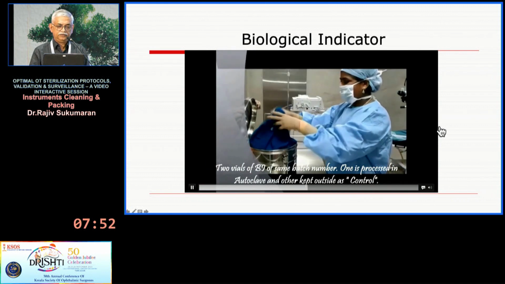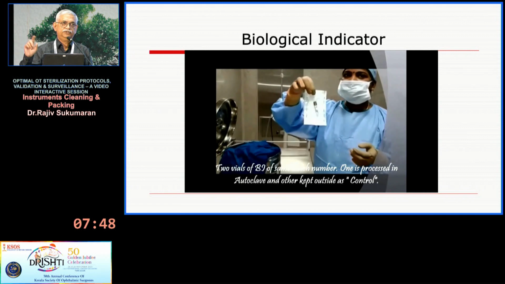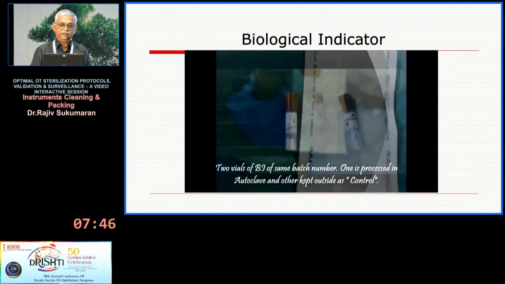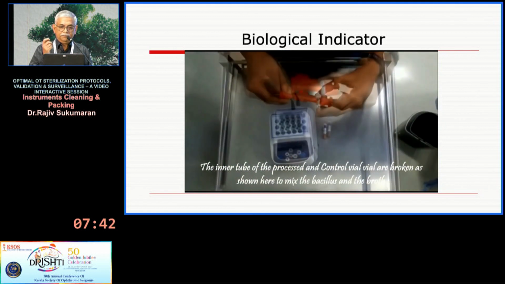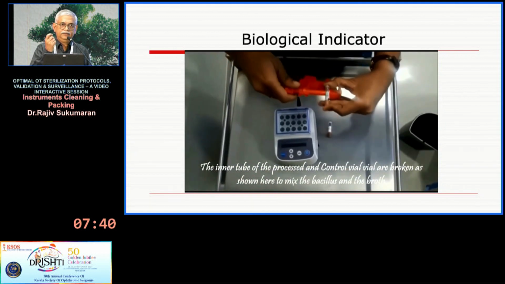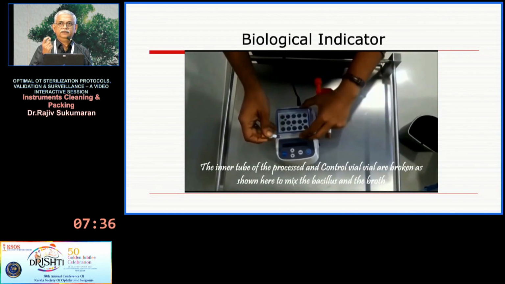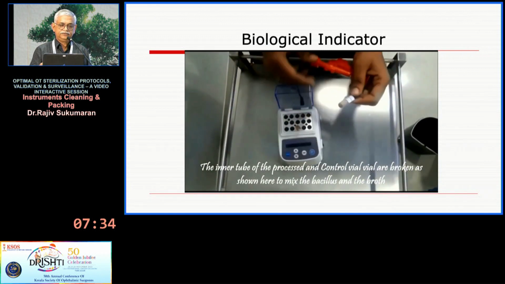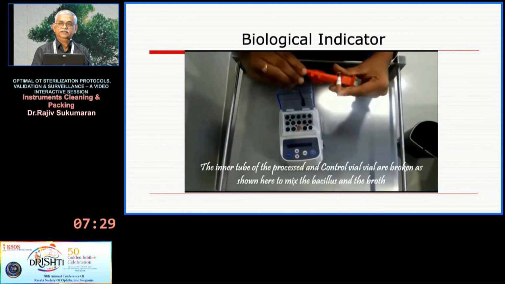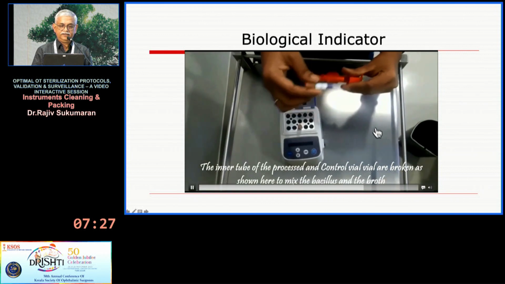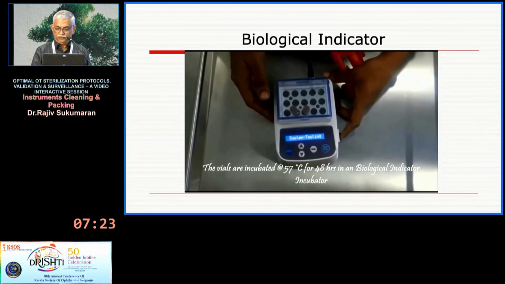Once it's ready, you remove it. Along with that, you have a standard which is not used in the autoclave, to compare with your autoclave. Then break it. There will be an ampule-like thing within it, that is the broth used, and incubate for 48 hours to see if there is color change or not. There are quick readers available now, which will give the result within 3 to 4 hours.